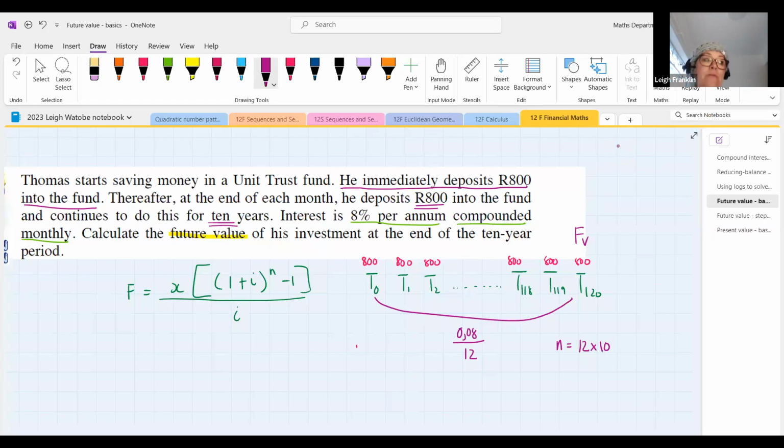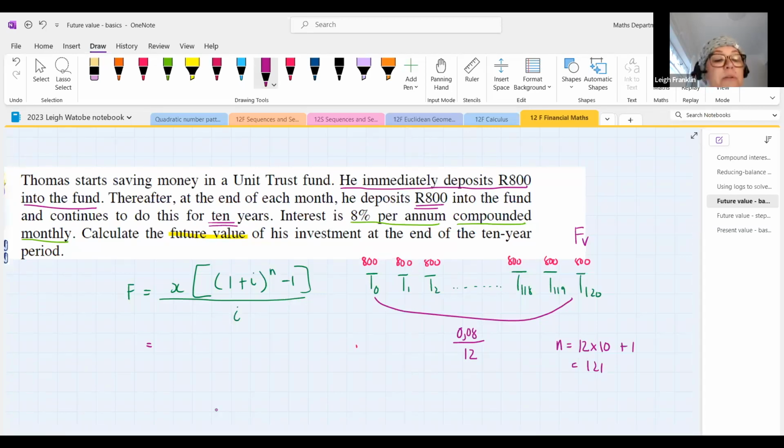But remember, in the first year, there are 13 payments because there are 2 payments in the first month, one at the beginning of the month and one at the end of the month. So that's why we are plussing 1 onto N and getting 121. Okay, so now does that make sense? Okay, good. I'm glad. So again, you just got to read it very carefully to understand what's going on here.